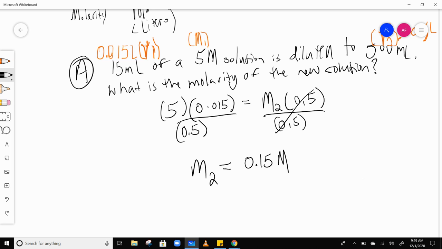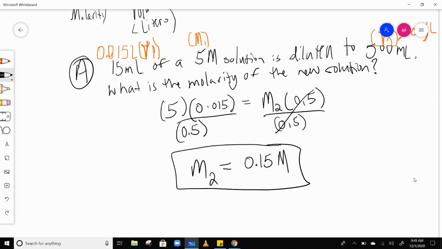So that should be our new molarity. Okay, so very, very simple.